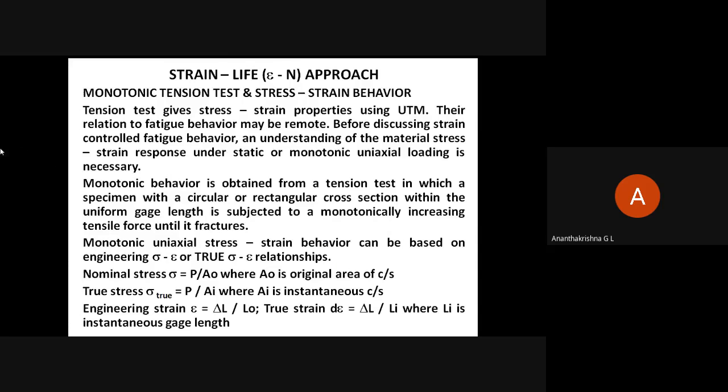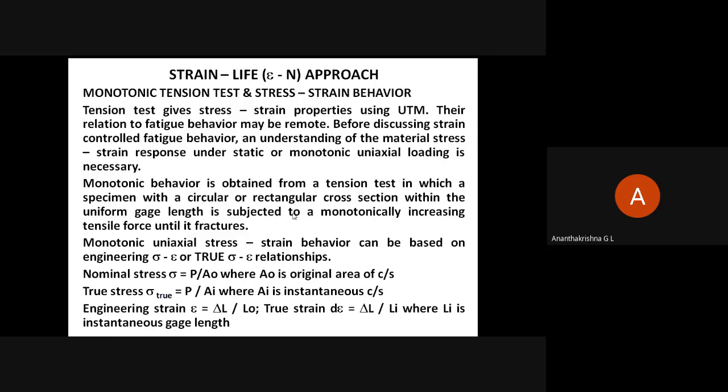Correct? So what we do is we take a specimen, mark the gauge points, mount it on two supports in a universal testing machine, and subject it to uniform elongation, and for every load we measure using an extensometer. We are going to find out the change in length.